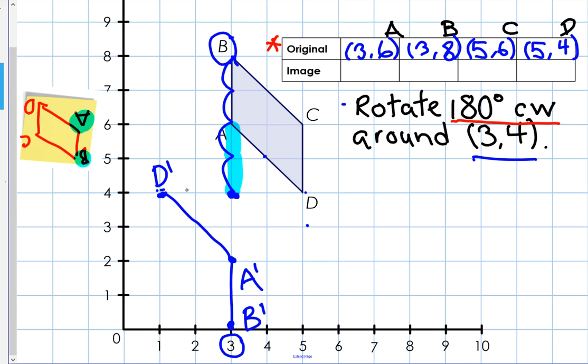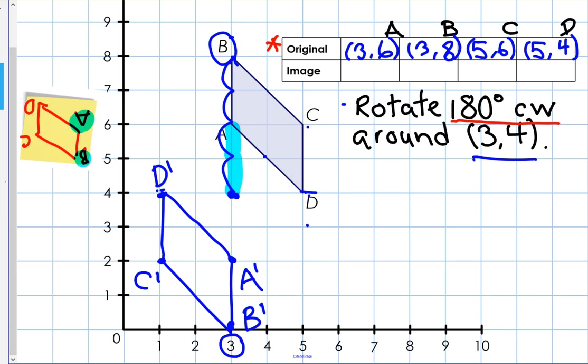This is confirmed because it is directly across, or 180 degrees across, from our original D point. Lastly, point C will be 2 units away from D and also directly across from our original C, C prime. Connect the points to form your new image.